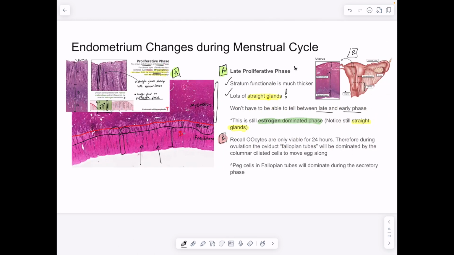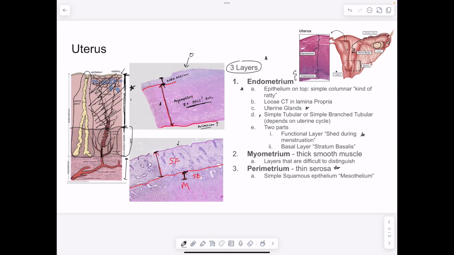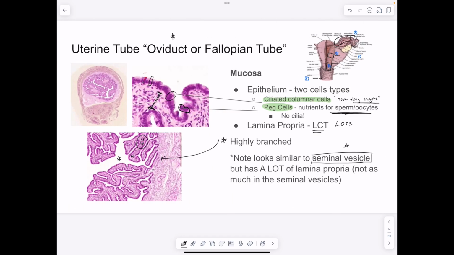And then there was just a quick note that Dr. Braun wanted us to know. So recalling that oocytes are only viable for 24 hours. So during ovulation, the fallopian tube will be dominated by the ciliated columnar cells to move the egg along. And then during the secretory phase, the PEG cells are releasing nutrients.